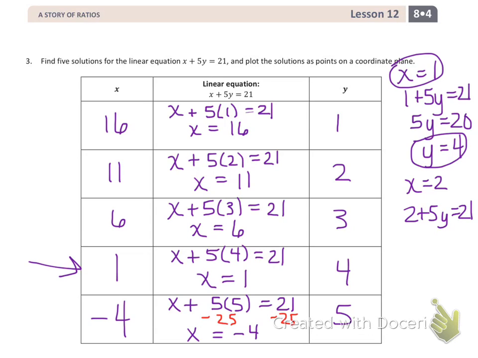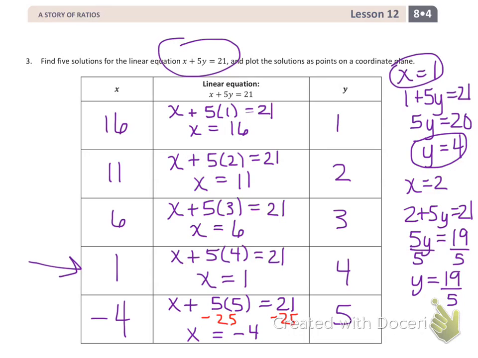Subtract 2 from both sides to get 5y equals 19, and then dividing by 5, we would get y equals 19/5, which is fine, but it's just harder to plot, right? So depending on the equation that you're given, sometimes one strategy is better than another.